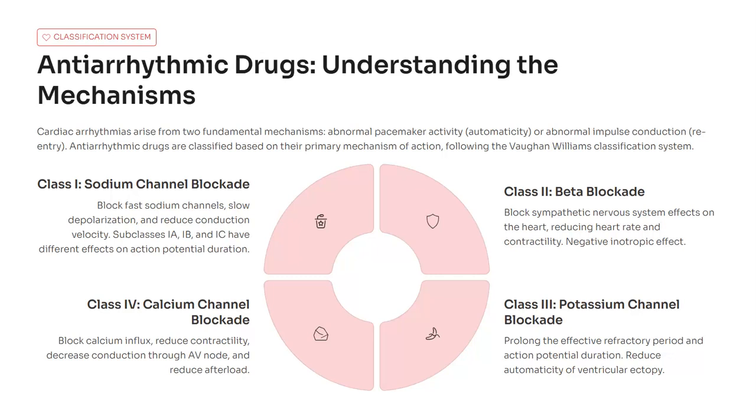Then there's class 4, the calcium channel blockade, which blocks the calcium influx and reduces contractility. Class 3 is potassium channel blockade that prolongs the effective refractory period and action potential duration. It reduces automaticity and ventricular ectopy.